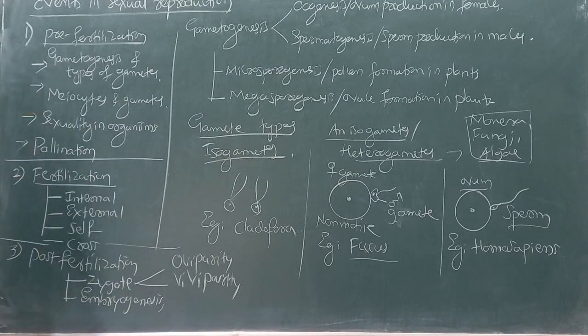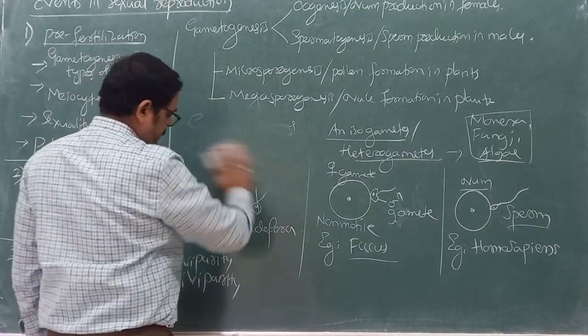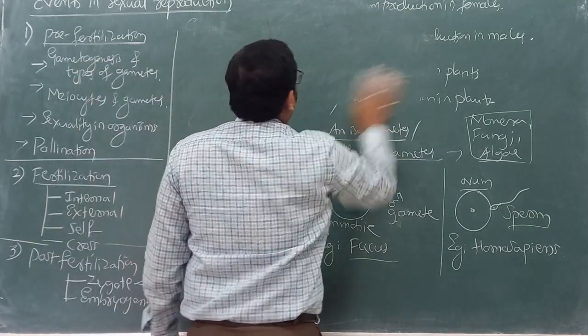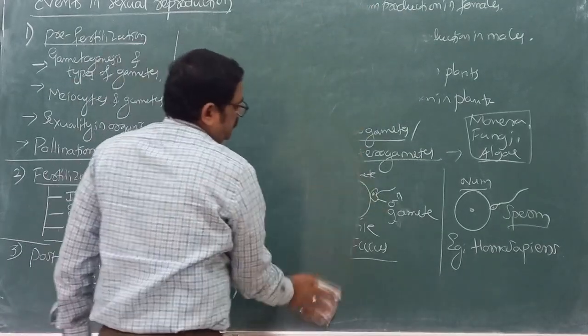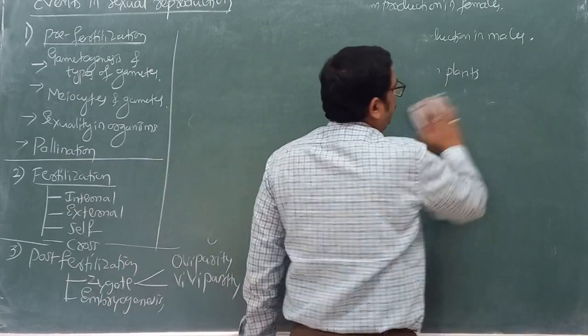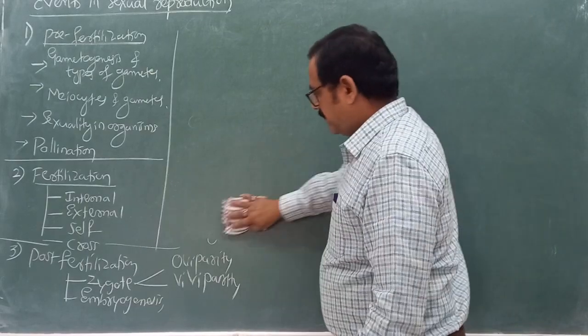Let us understand now how, in diploid organisms, haploid gametes are formed. So now we need to know about gametogenesis as a process of forming haploid gametes. Why do gametes have to be haploid?